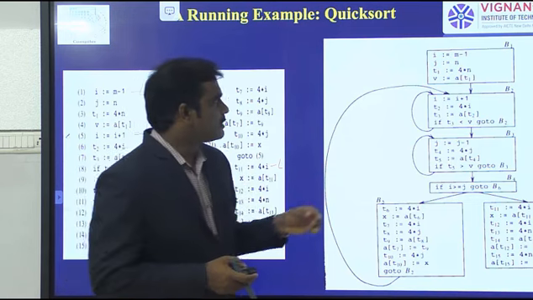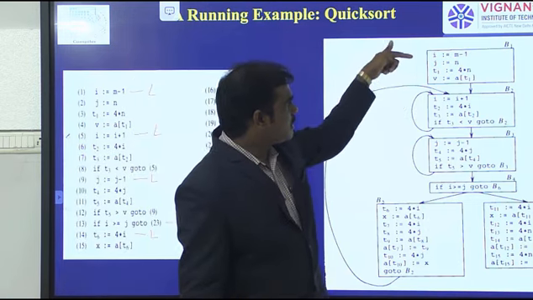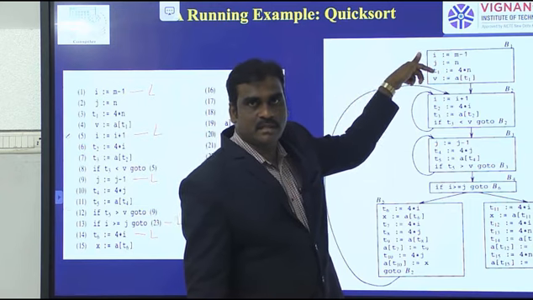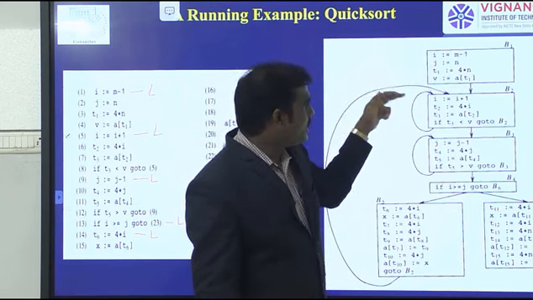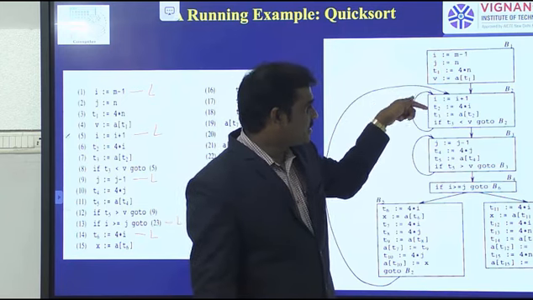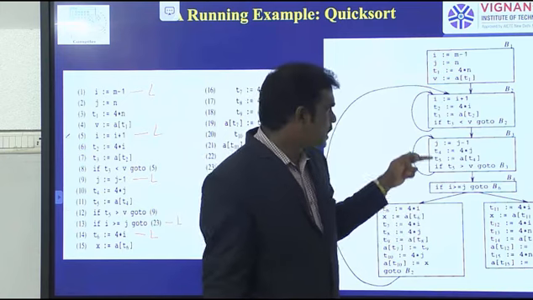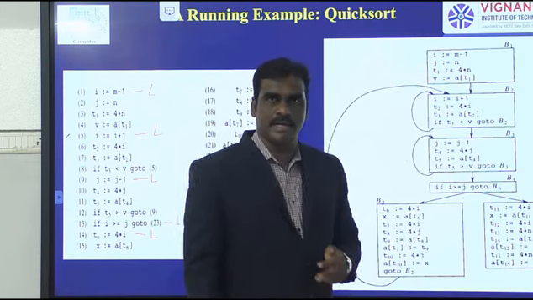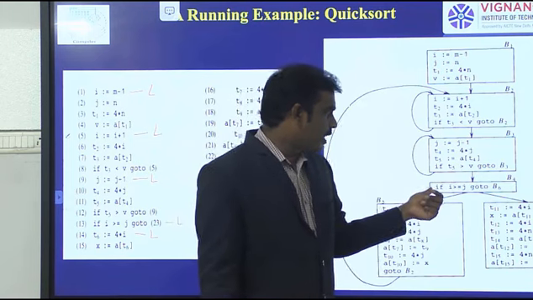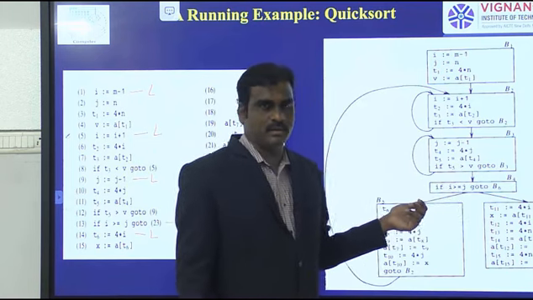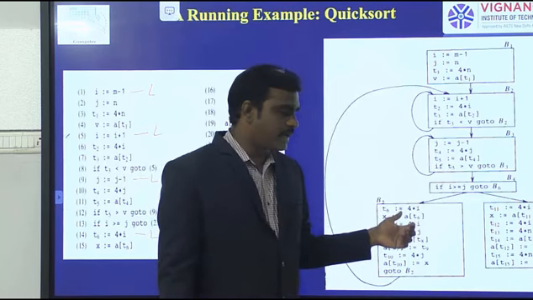Okay. Suppose we take block 1. Block 1 has a total of 4 instructions, all are different. Take block 2, 4 instructions, all are different. Block 3, 4 instructions, all are different. Block 4, only one statement. Okay. Next, block 5.